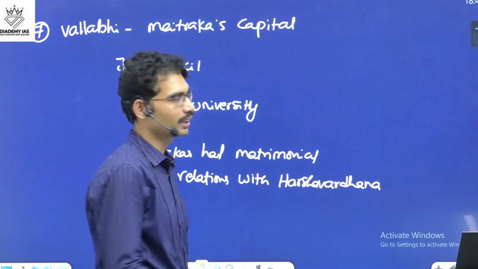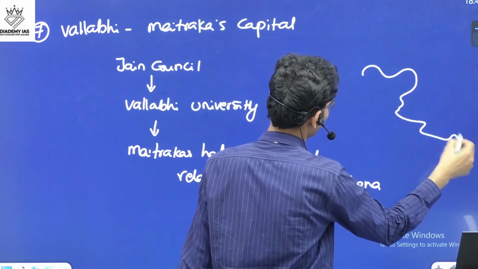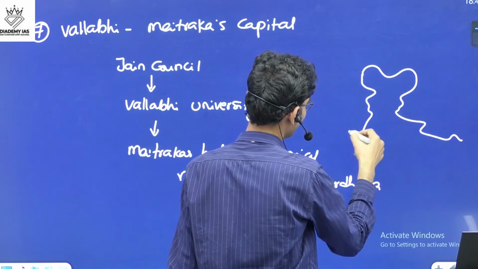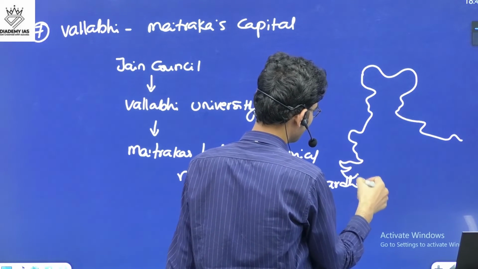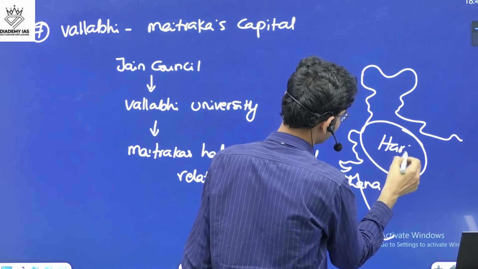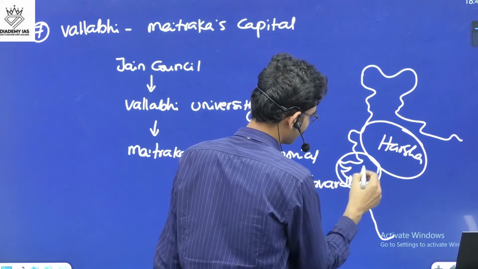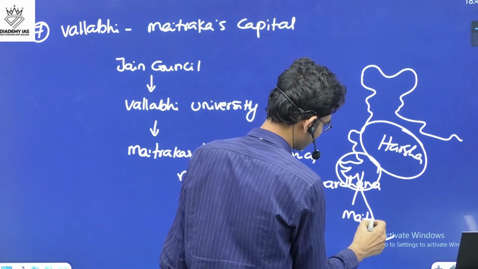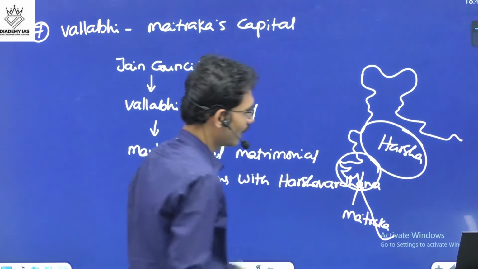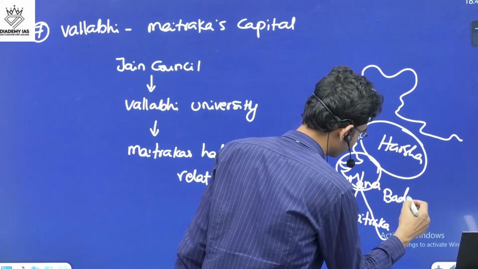When Harsha was ruling here, Harsha is powerful, and when Harsha was ruling in this location, Maitrakas were there. So Harsha gave his daughter to Maitrakas. And when Harsha and Maitrakas were there, here Badami Chalukyas were there.